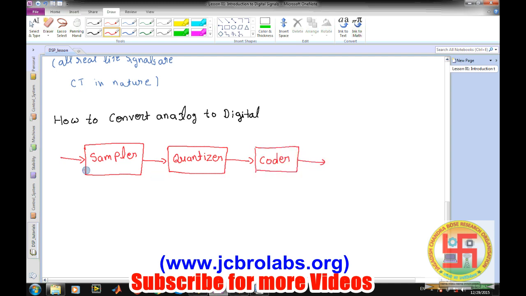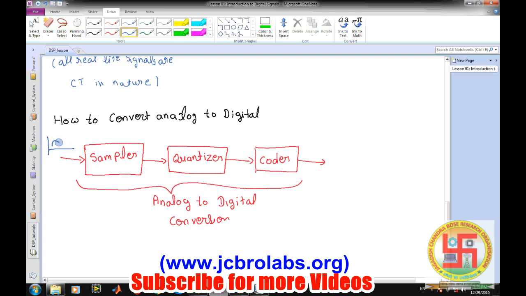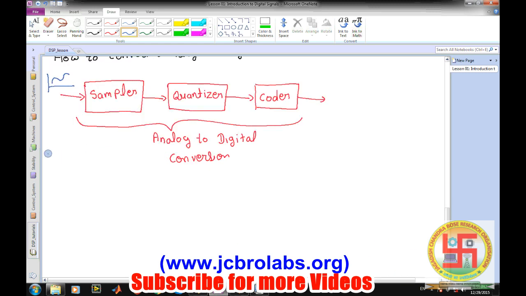So this entire block diagram represents the A to D conversion, or analog to digital conversion. Right, now let's go into the detail. When we talk about a sampler, let's represent the output of the sampler here.